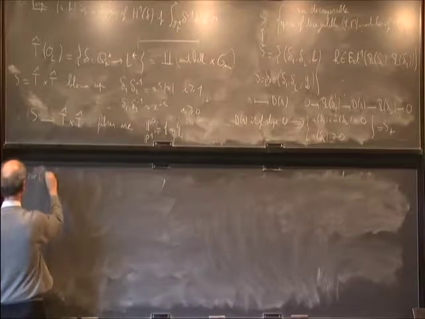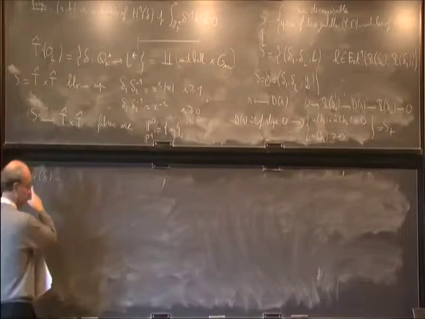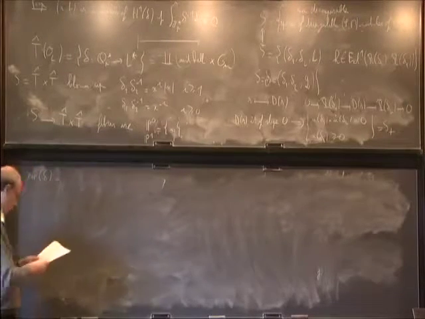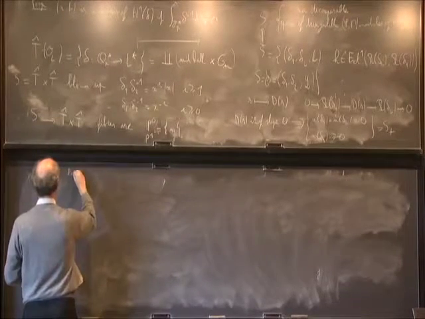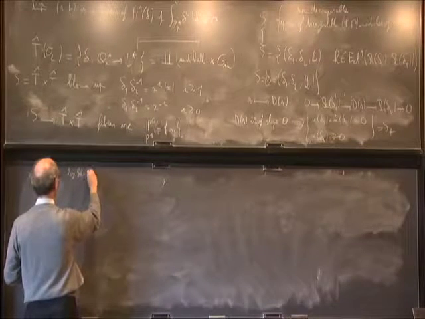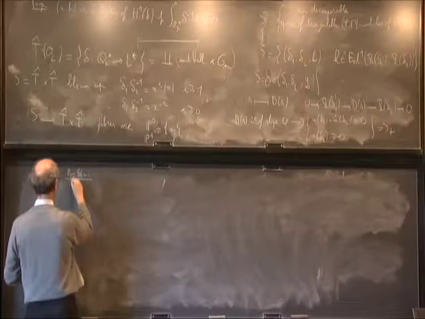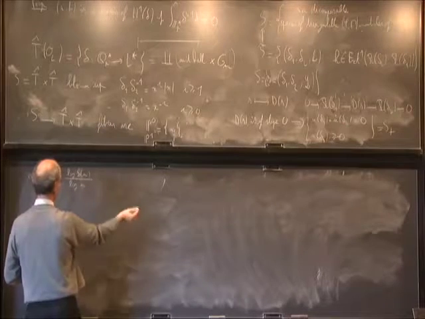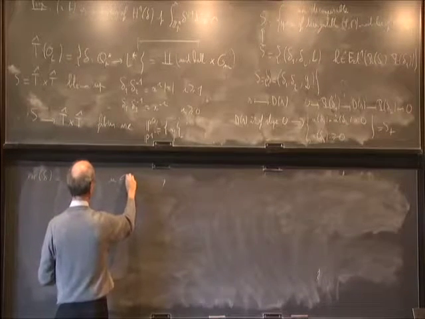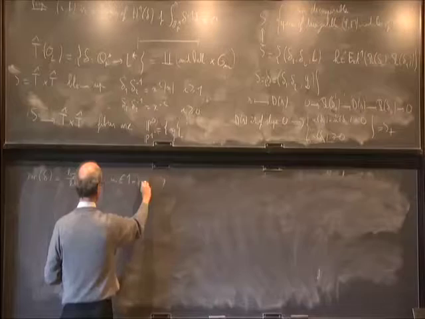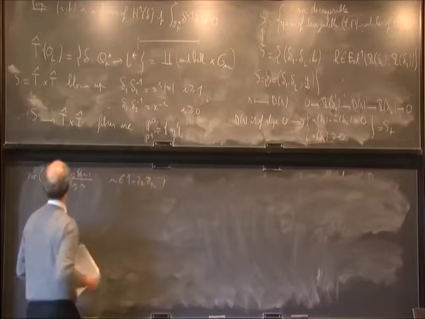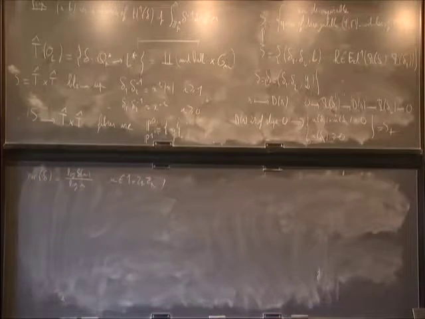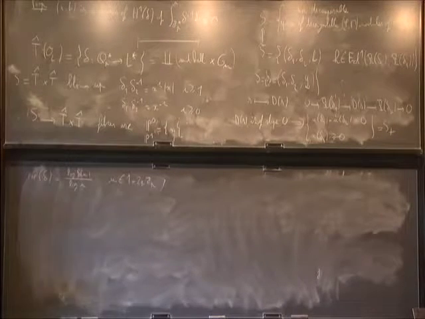So you define the Hodge-Tate weight of a character to be log of delta of u over log of u, for any u in 1 plus 2pZp, let's say. This is not going to depend on the choice of u.